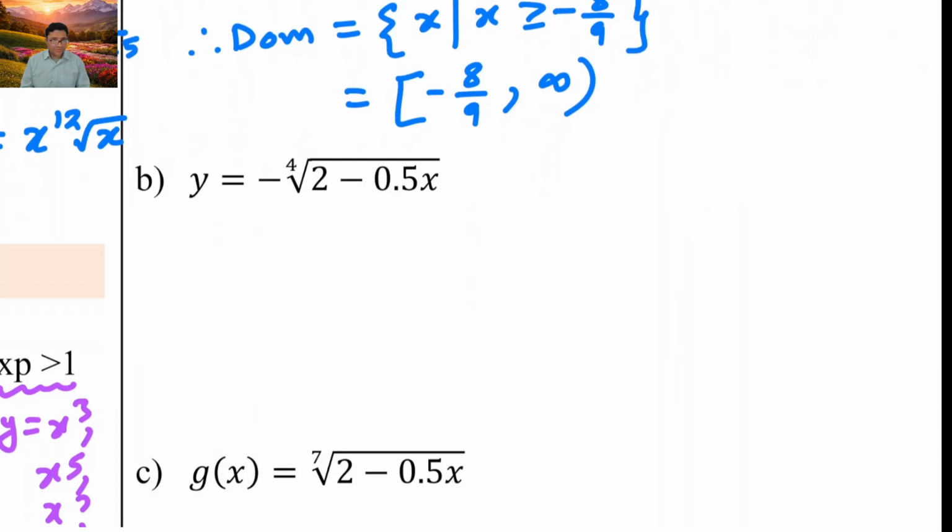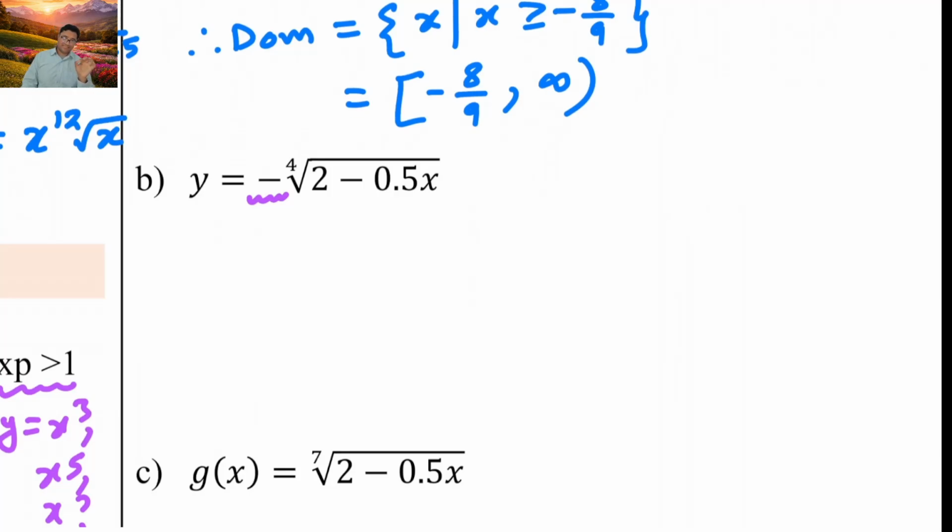Next, what is the domain of the fourth root of negative fourth root of 2 minus 0.5x? Firstly, the negative sign here has nothing to do with the domain. It has something to do with the range.